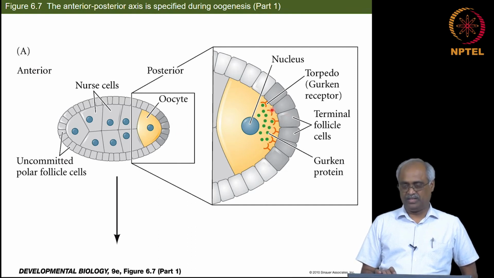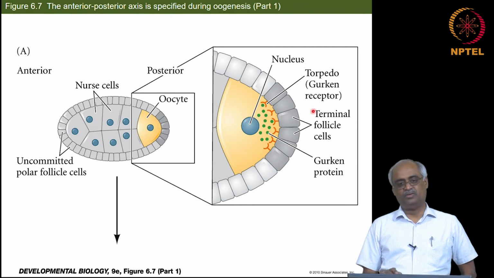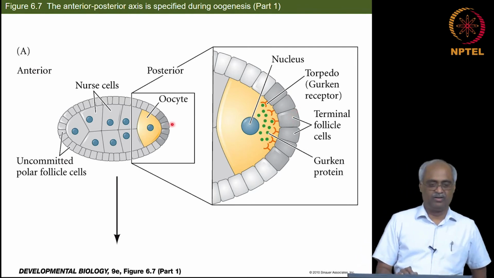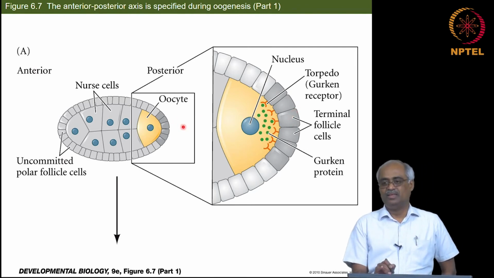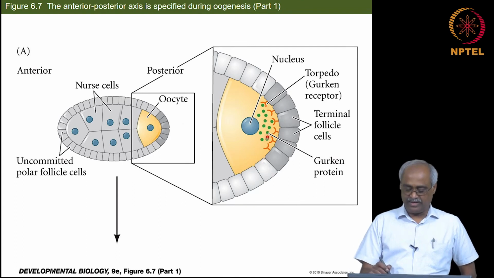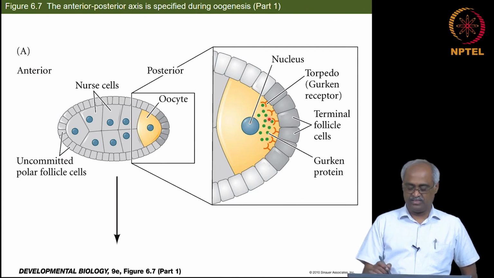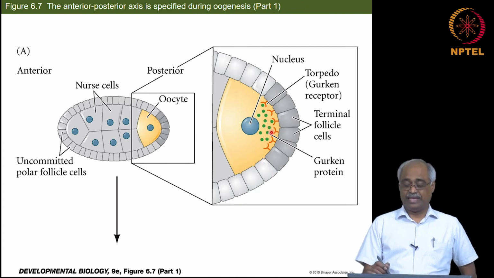In this particular stage, the nucleus ends up being closer to one end, closer to the follicle cells than towards the nurse cells. And the Gurken mRNA that comes between these follicle cells and the nucleus, through a yet unknown mechanism, gets translated only here.